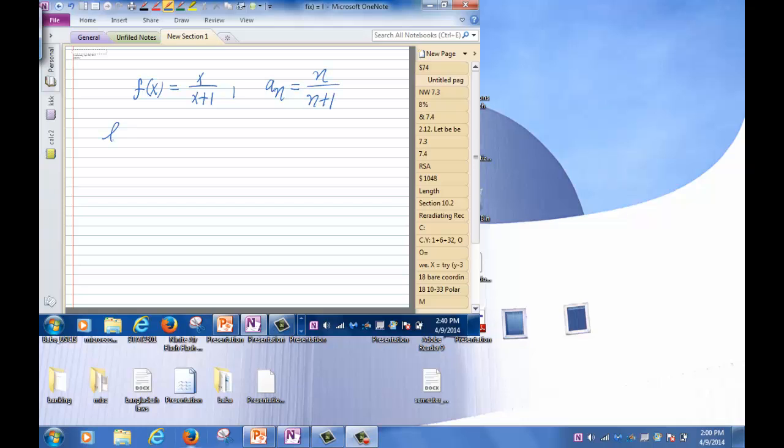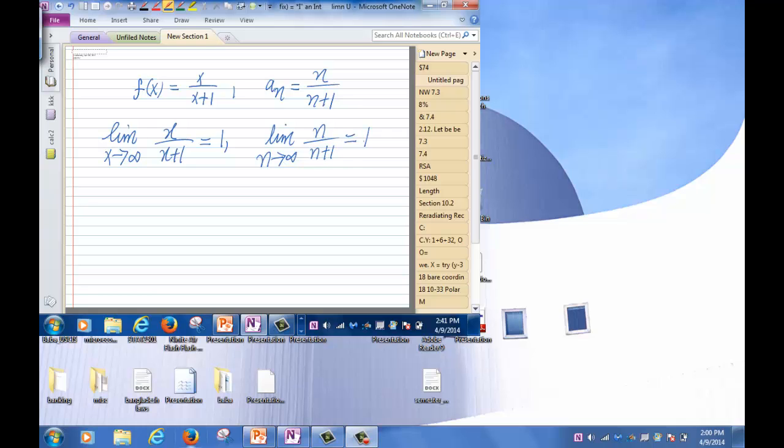And we said that the limit as x goes to infinity of x over x plus 1 is, what did we say? 1.